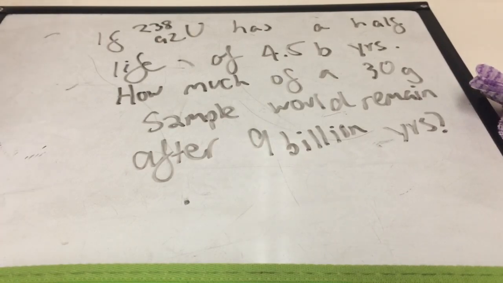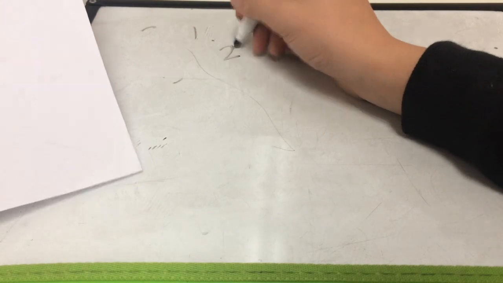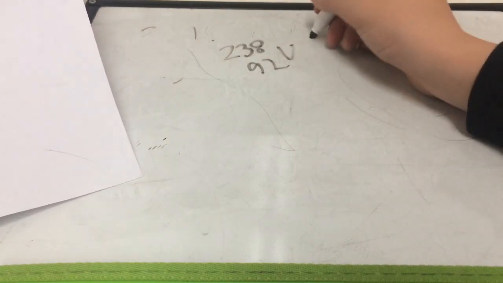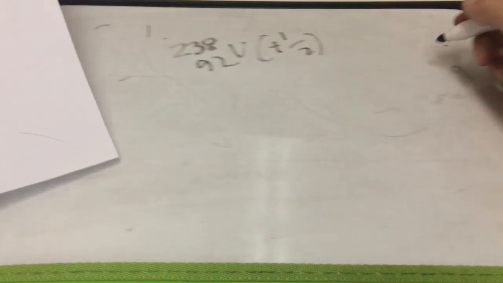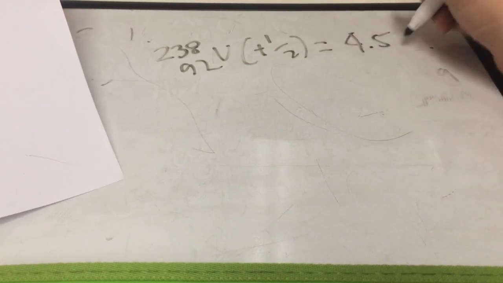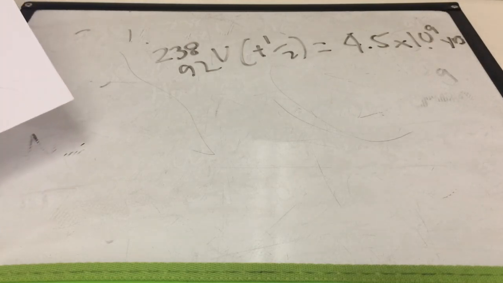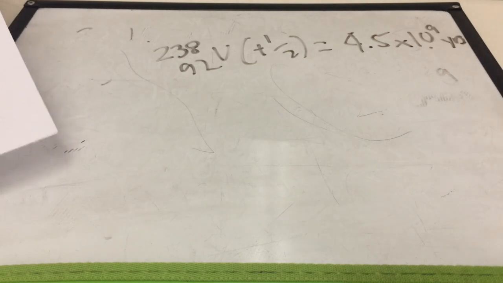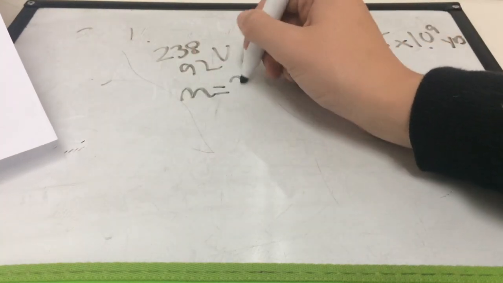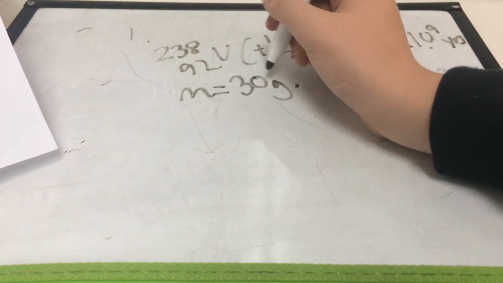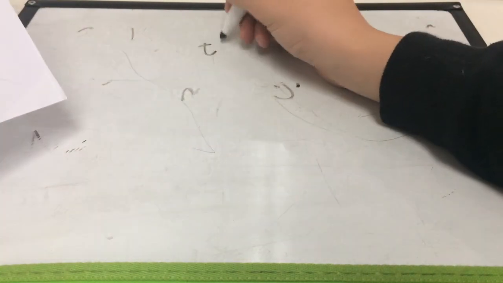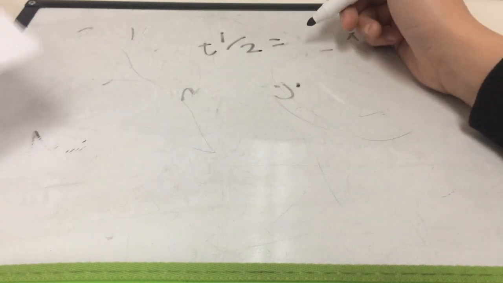So what's it asking? We know uranium-238's half-life is 4.5 billion years. We're told we have a 30 gram sample. So we got a few facts from this question.